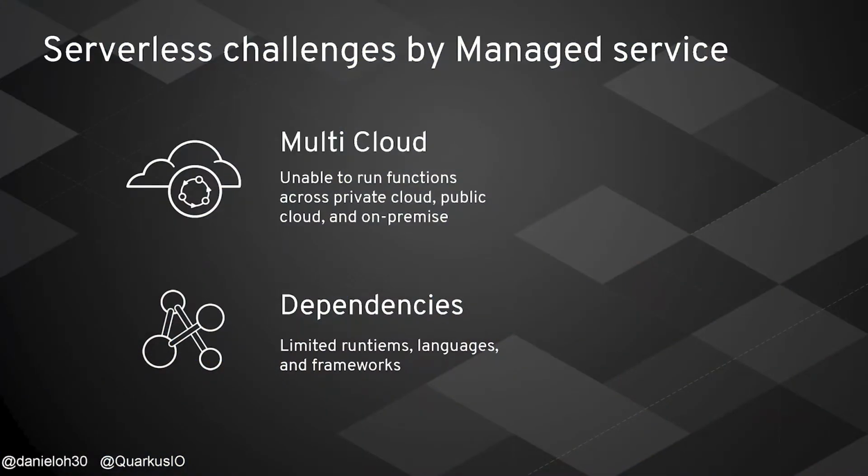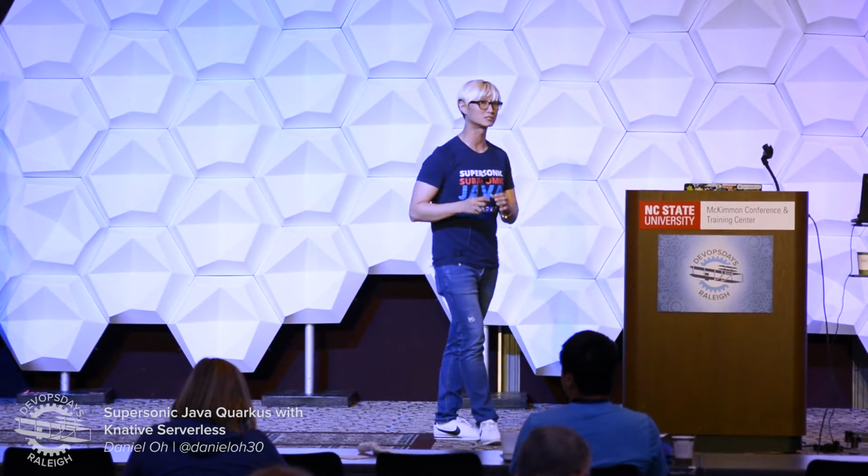But there are two big challenges if you adopt and manage your serverless application, addressing your function or simple microservices as a serverless workload. There are two big concerns. The first thing is you cannot build a multi-cloud strategy. More and more enterprise companies are already moving to a multi-cloud strategy in order to avoid single-vendor lock-in, as well as for more hybrid cloud.